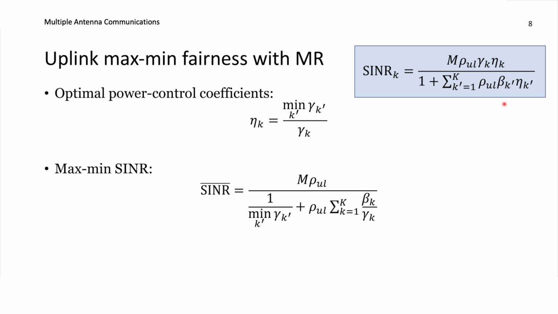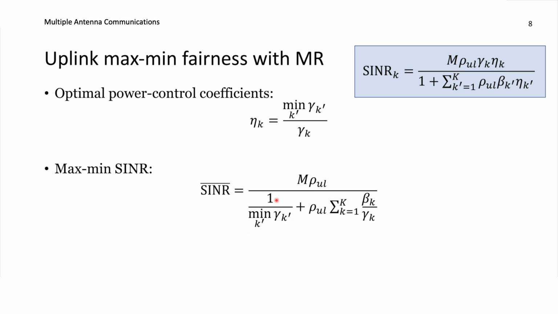But apart from that, we have rho uplink, we have a beta term that has the same index as the summation index, and then from this eta we get a divided by gamma term, and then we have this minimum term, and since we divided every term in this SINR expression with the minimum of gamma, we are moving it here.